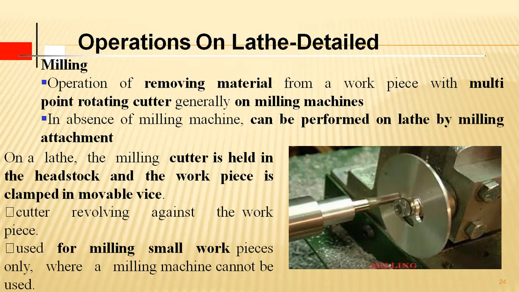because the cutter is held in the headstock and the workpiece is clamped to a movable vise which does not have a fixed position. Hence, the workpiece tends to vibrate upon the working process, because cutting forces and frictional forces are associated with the tool and work part engagement, and the work part is not at a fixed position at all.